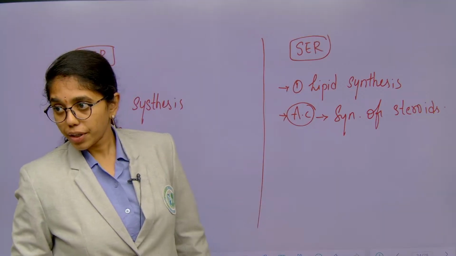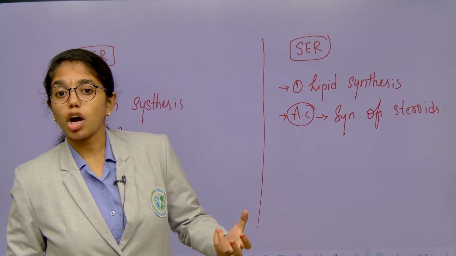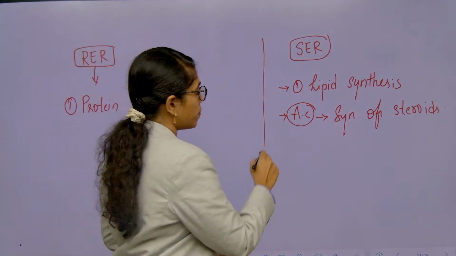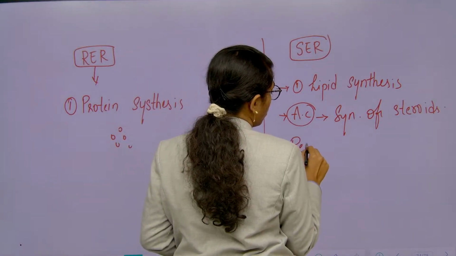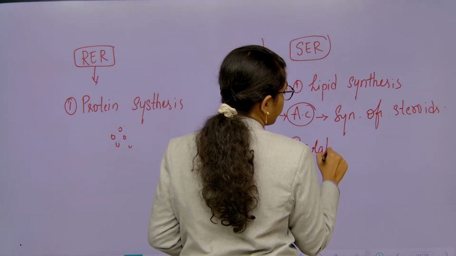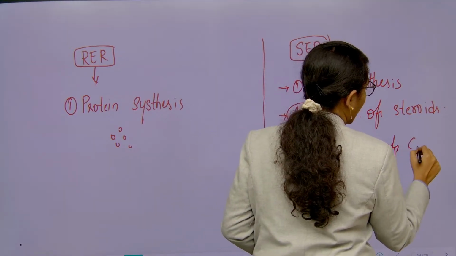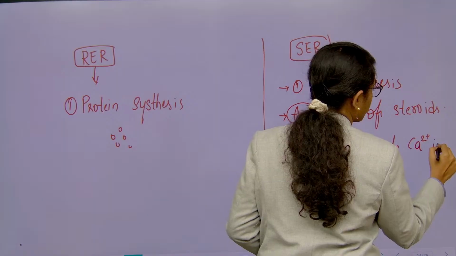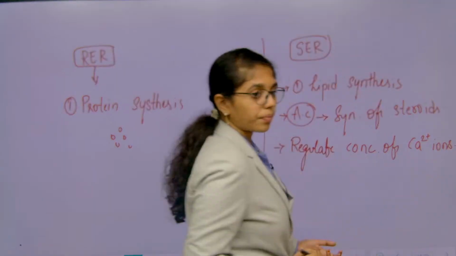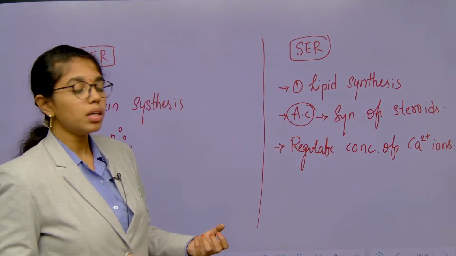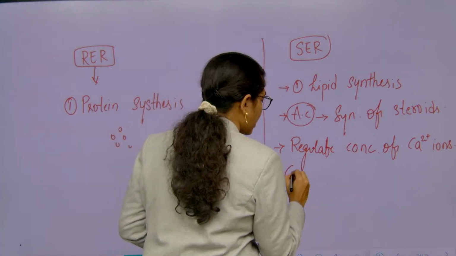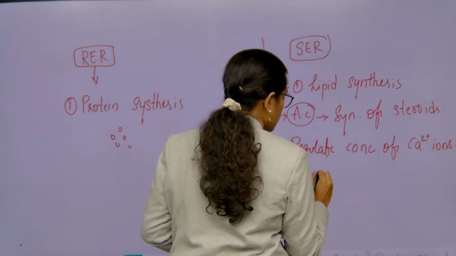Smooth endoplasmic reticulum will also regulate the concentration of calcium ions, which helps in contraction and relaxation of muscle cells.